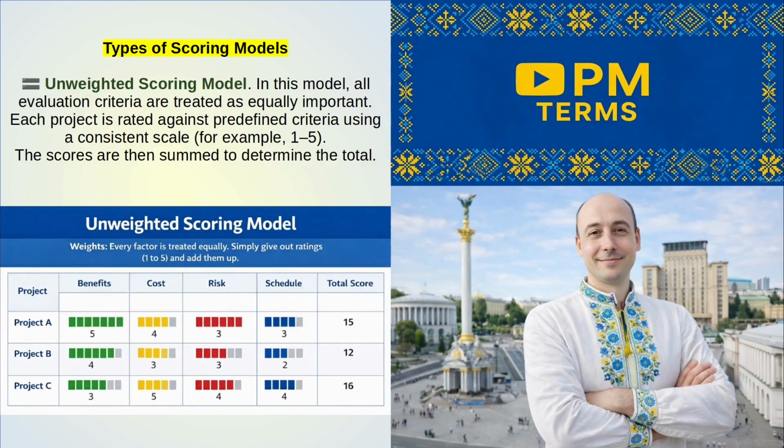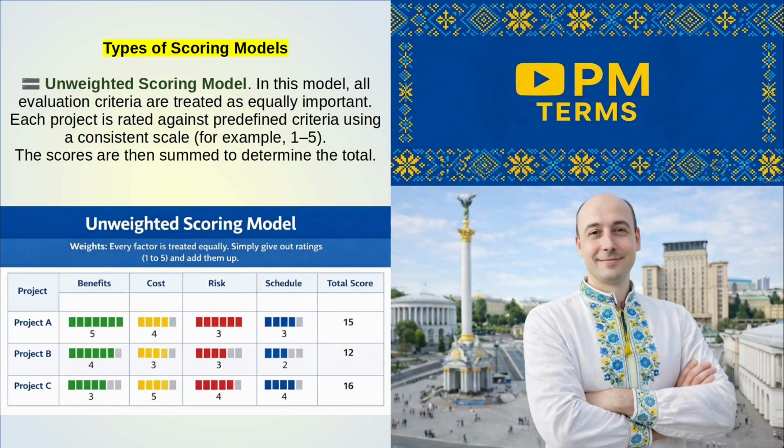Project C: benefits equal 3, cost equals 5, risk equals 4, schedule equals 4.